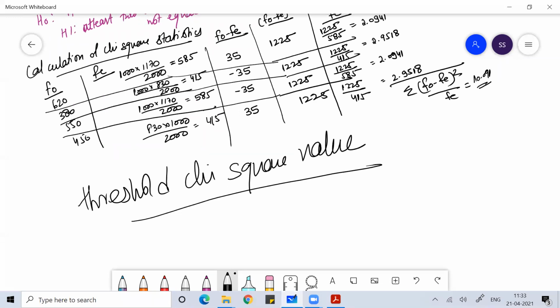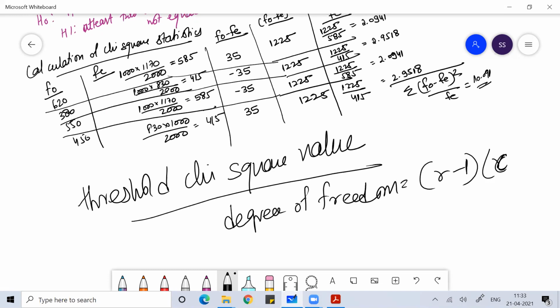For that, what degree of freedom do we use? Degree of freedom is number of rows minus 1 into number of columns minus 1.